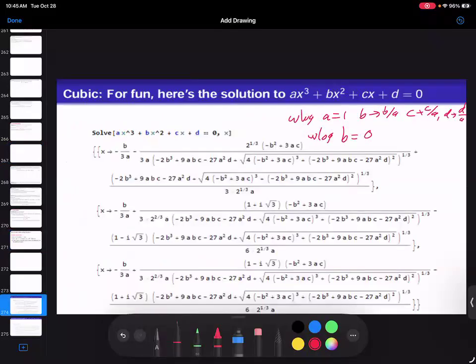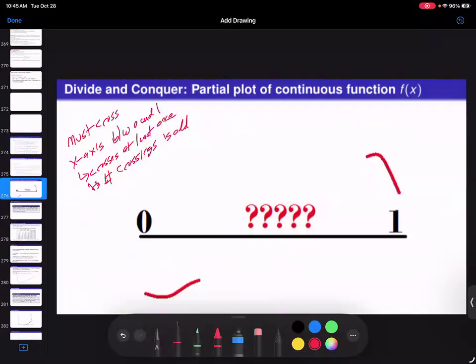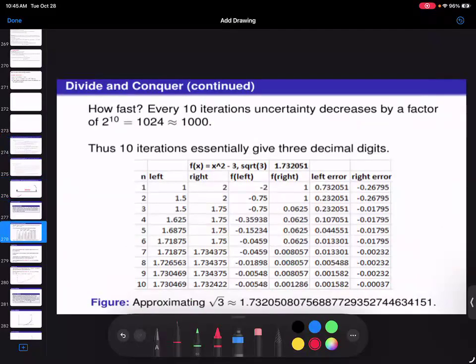All right. So we did divide and conquer. We talked about every 10 iterations giving us 3 decimal digits. So let's take the square root of 3. It's about 1.732. I made a simple Excel sheet to calculate, keep taking the left and the right intervals.